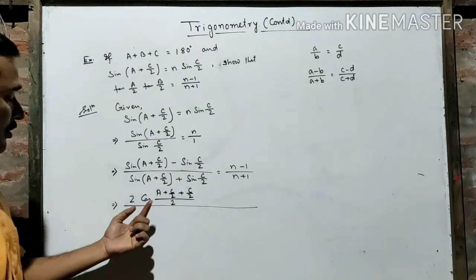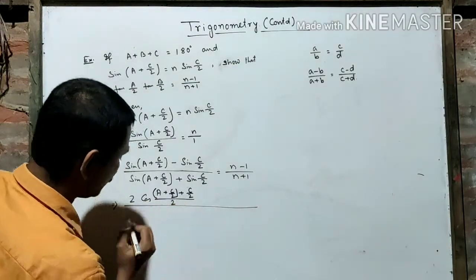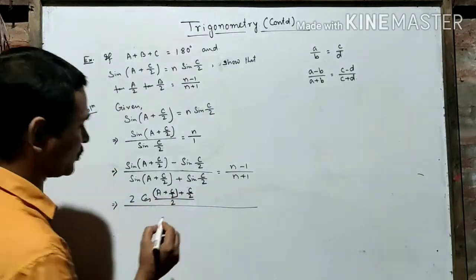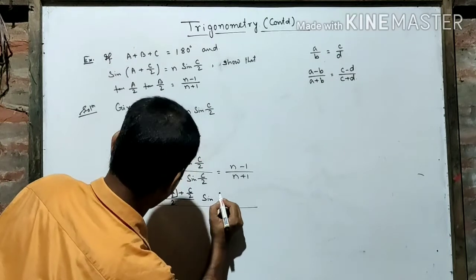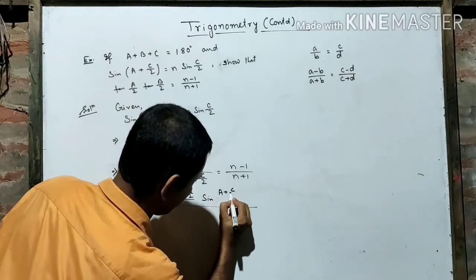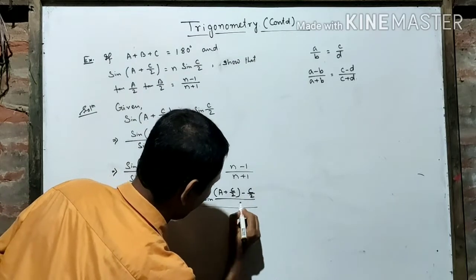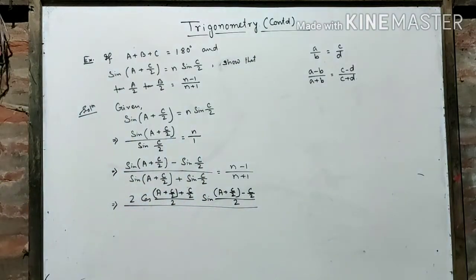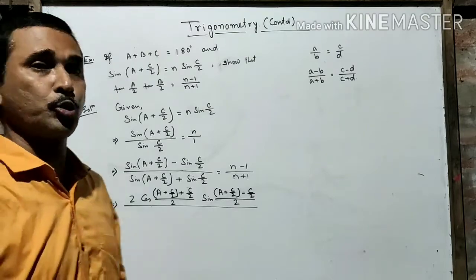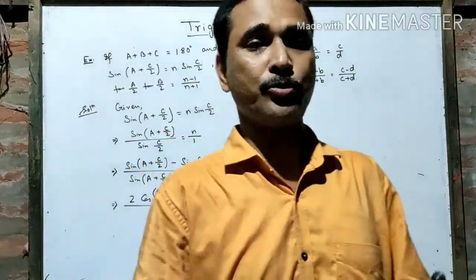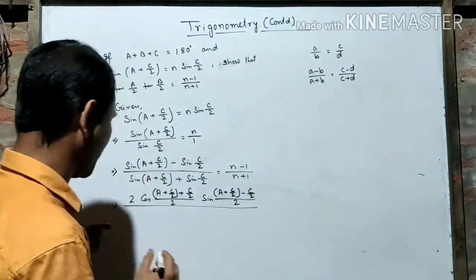into sin c minus d by 2. And what is sin c plus sin d? 2 sin c plus d by 2 into cos c minus d by 2.